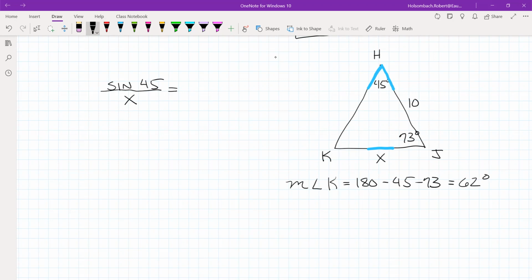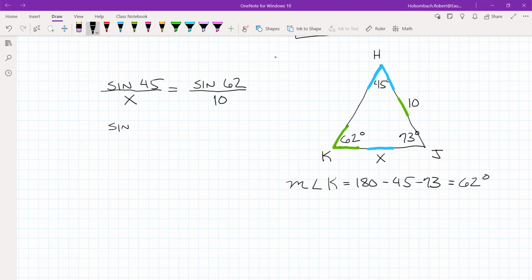All right, so now we know that angle K is 62 degrees. So we can do sine of angle K over its opposite side. So sine 62 over 10. The angle and its opposite side is what you're always working with. You can't just take an angle and any other side. It's sine of an angle over its opposite side equals sine of an angle over its opposite side.